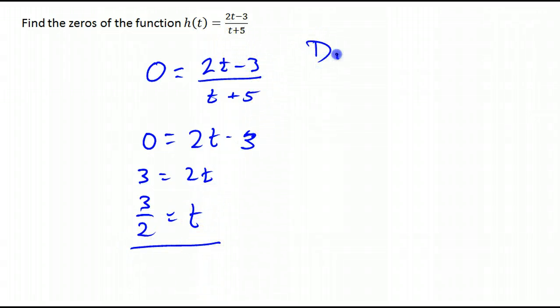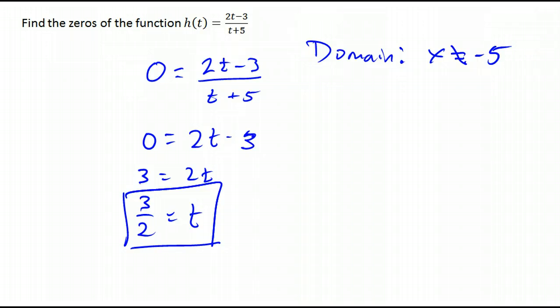And the domain for this rational function is x cannot equal -5. Well, that's in the domain, so we're safe. So there's your 0 for that function.